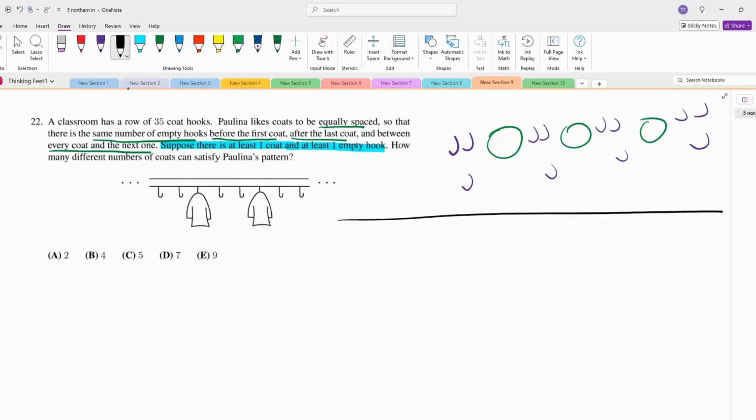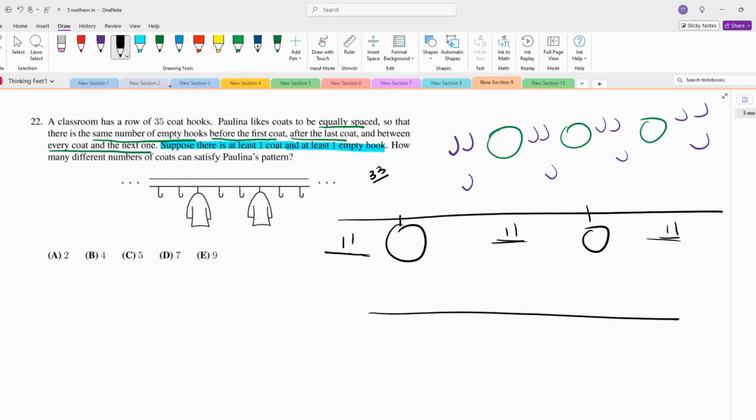Let's say I have 35 hooks here, and let me make a case and draw 2 coats, right? 1 coat, 2 coats. So I got three gaps, so to speak. The dashes are gaps. Now I had 35 hooks, 2 of them have coats on them, so that leaves me with 33 hooks, right? And I can divide them 11, 11, 11, and that satisfies Paulina's criteria.